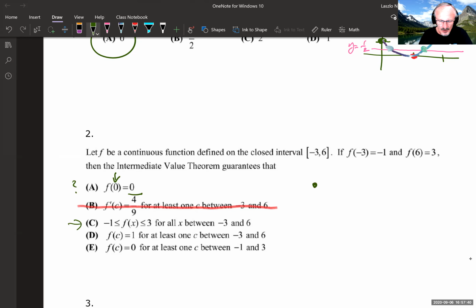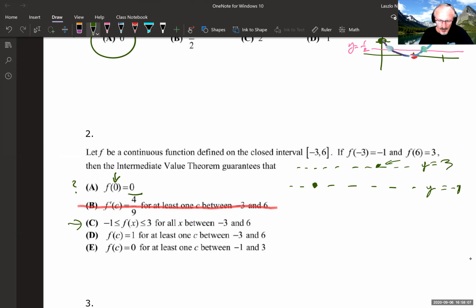I'm ready to embrace all of them and say yes, but if I carefully draw this, remember what is suggested here, that this is going to be the highest value or the value of the endpoint here. And so that's y equals 3. This is the lower value, y equals -1.